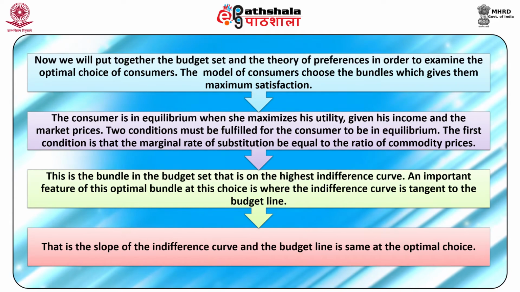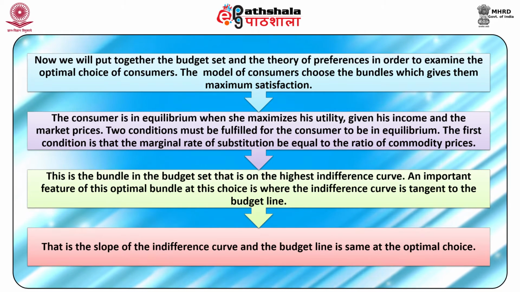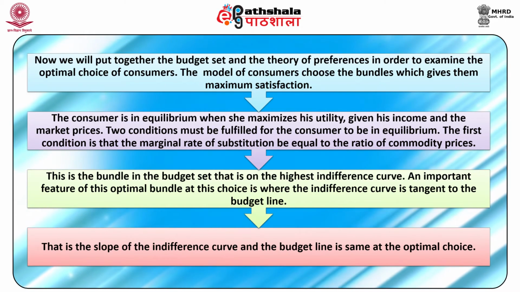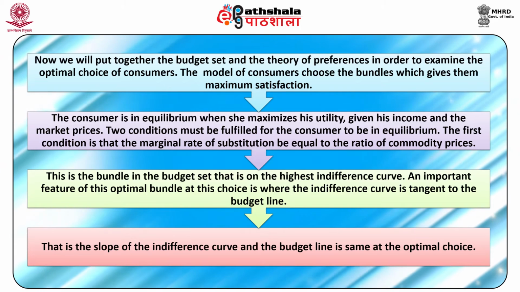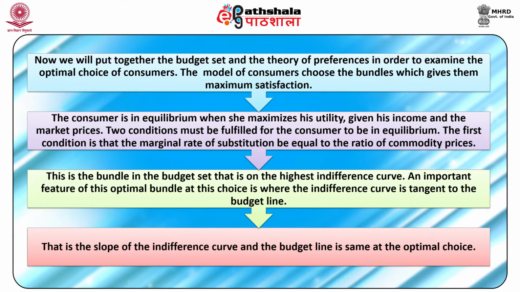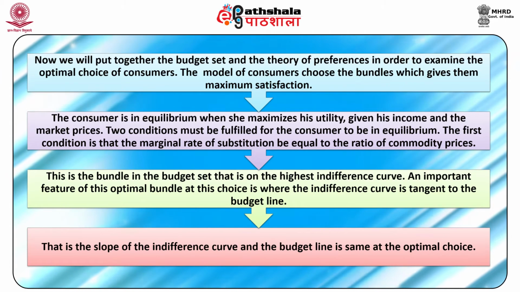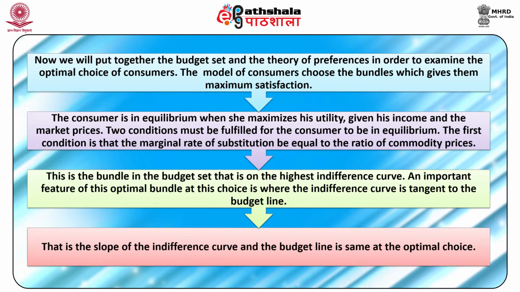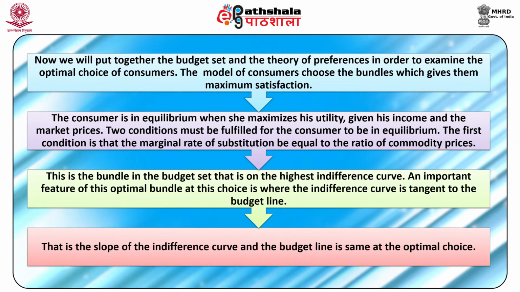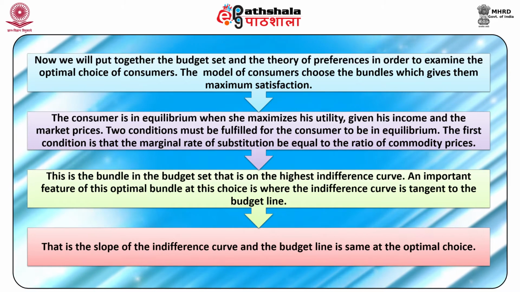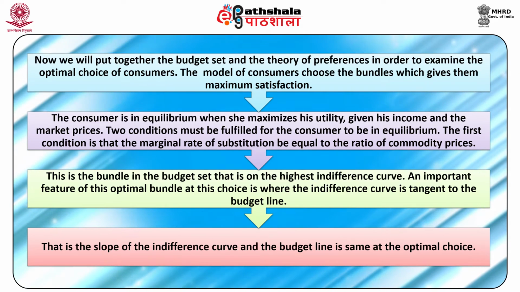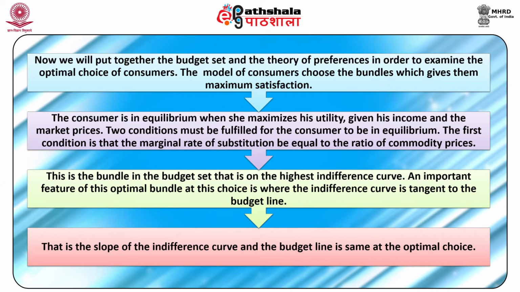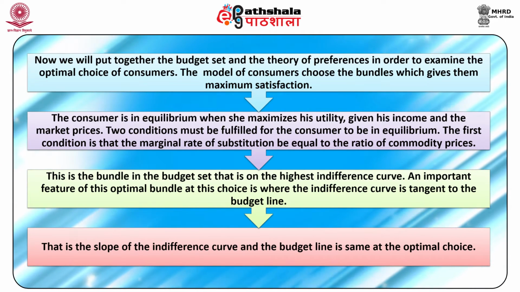The first condition is that the marginal rate of substitution should be equal to the ratio of the commodity prices. This happens at a particular bundle where the budget constraint is tangential to the highest possible indifference curve. An important feature of this optimal bundle is that the choice is where the indifference curve is tangential, and hence it is an equation between the slope of both the indifference curve and the budget line.